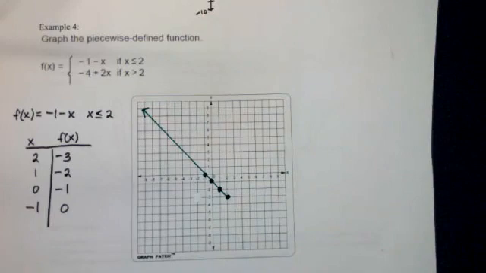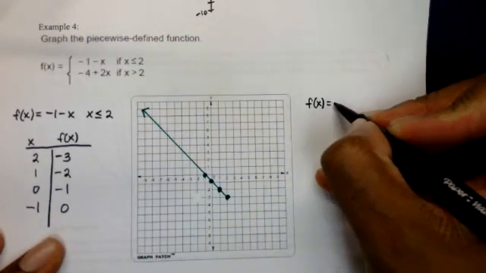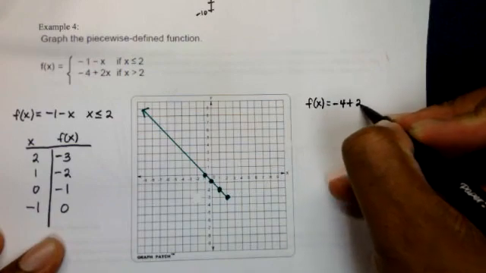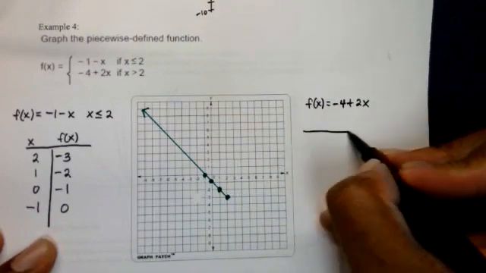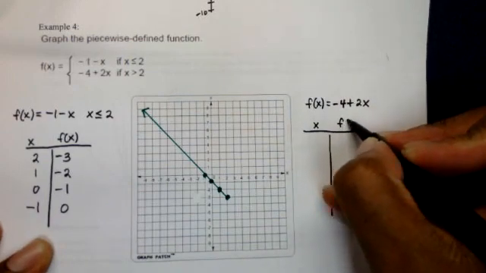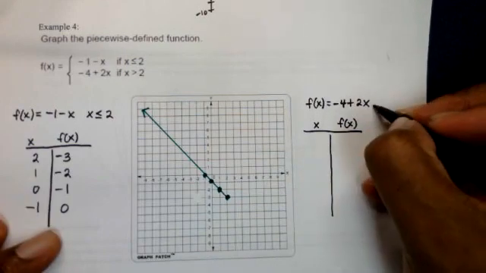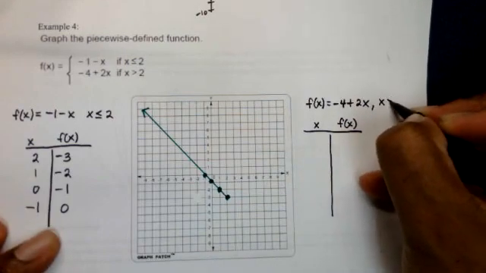Now for the other part, f of x equal negative 4 plus 2x if x is greater than 2. The restriction there is that x is greater than 2.